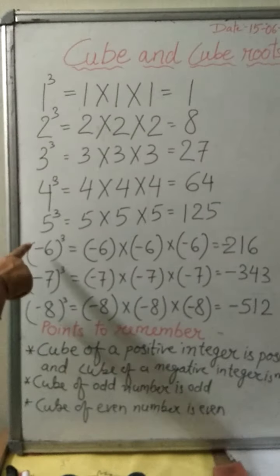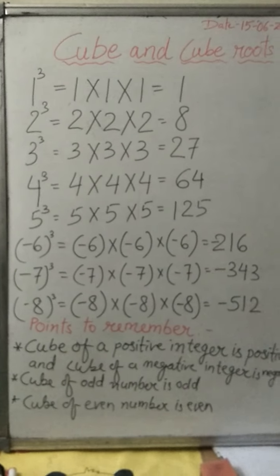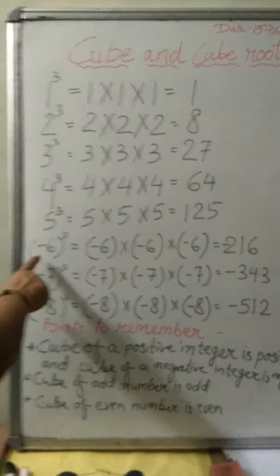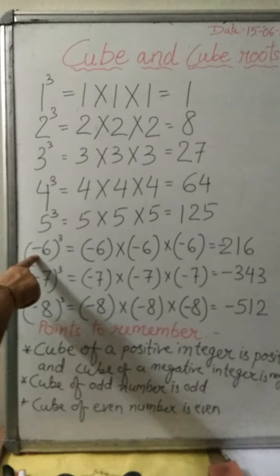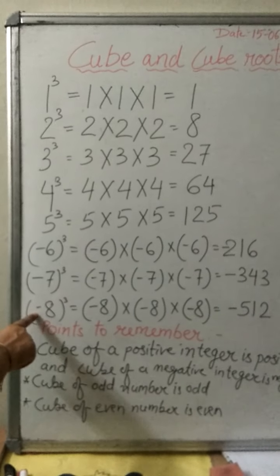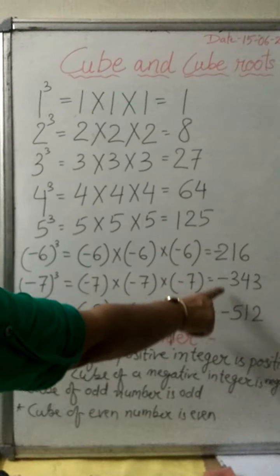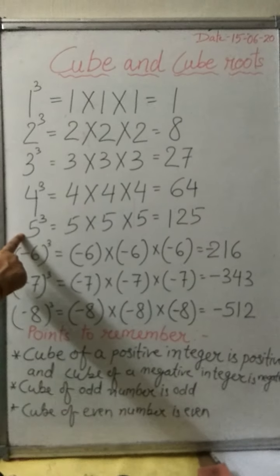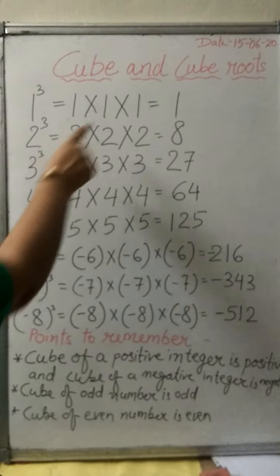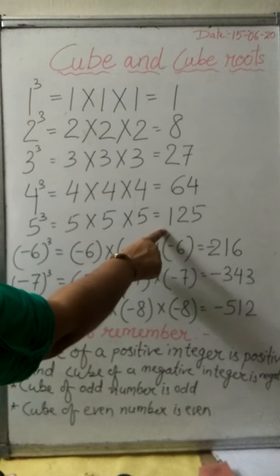Now here you can see a few negative integers. Observe the cubes of these negative integers. We have taken negative integers and what we have observed is that their cubes are also negative. Here are positive integers, so the cubes of all these positive integers are positive.